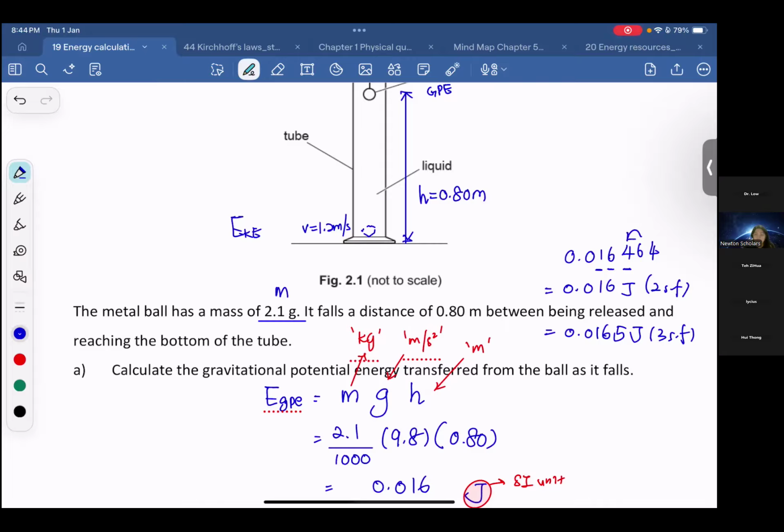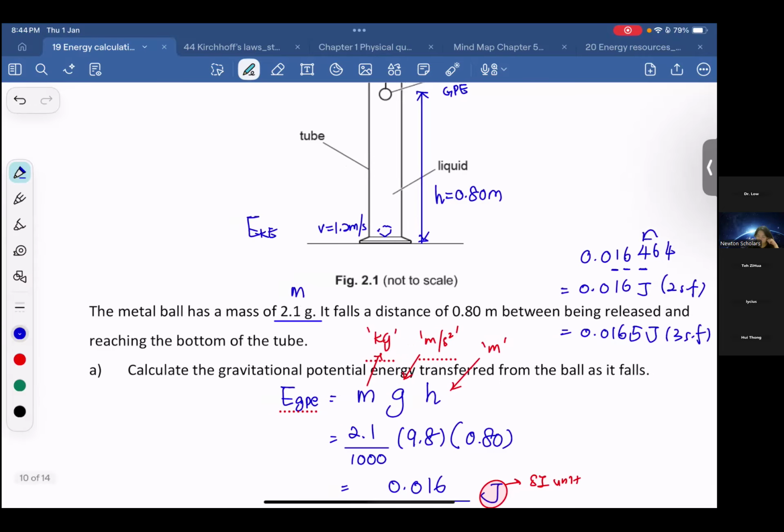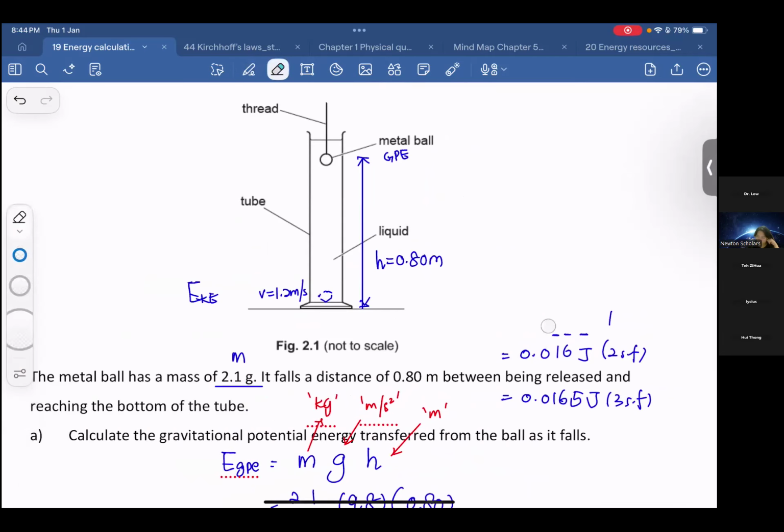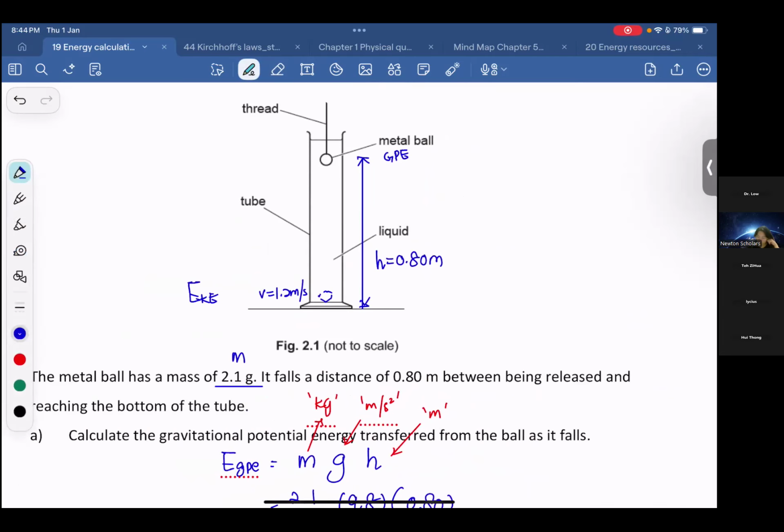Angeline, correct. Kinetic energy is 1 over 2 mv squared. 1 over 2, the mass 2.1 divided by 1000 if we convert it into kg, times v, which is 1.2 squared.